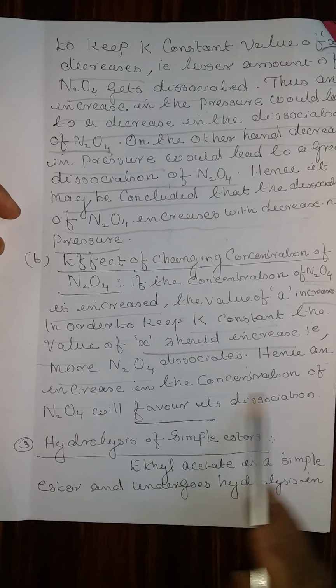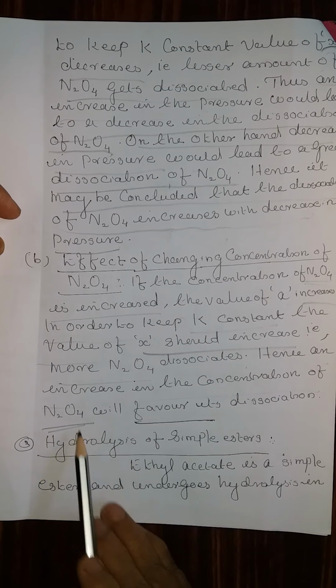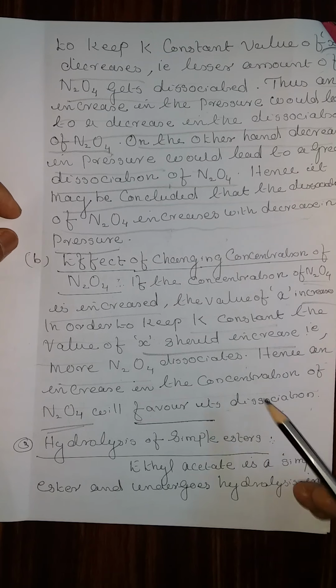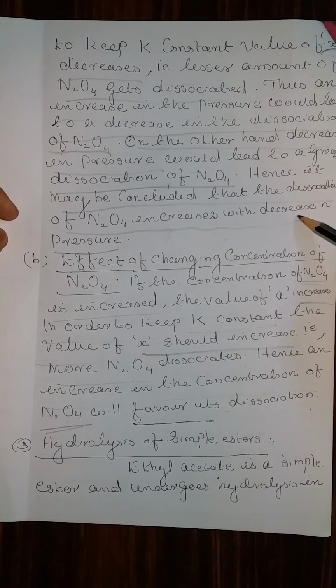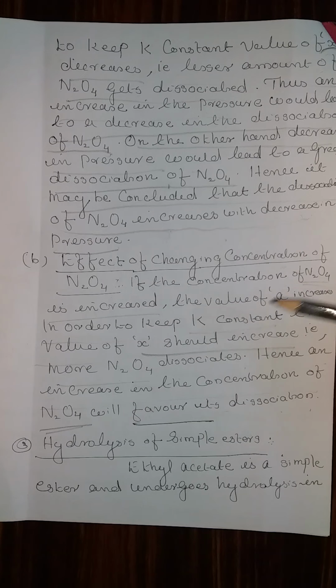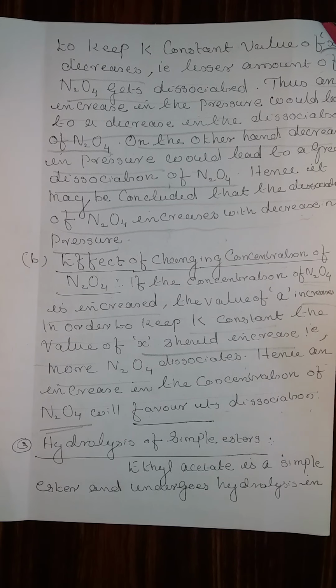Hence, an increase in the concentration of N2O4 will favor its dissociation. Therefore, of these two factors, decrease in pressure and increase in the concentration of N2O4 favor the maximum yield of NO2 from N2O4.